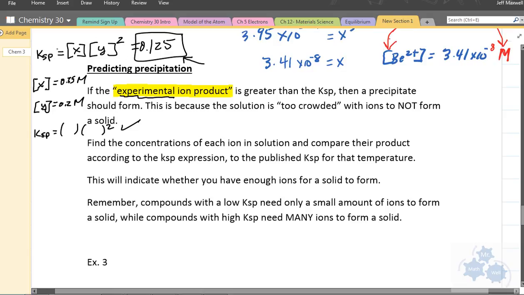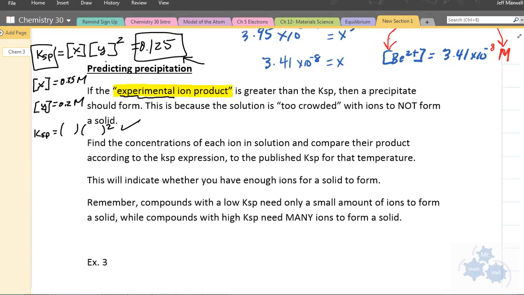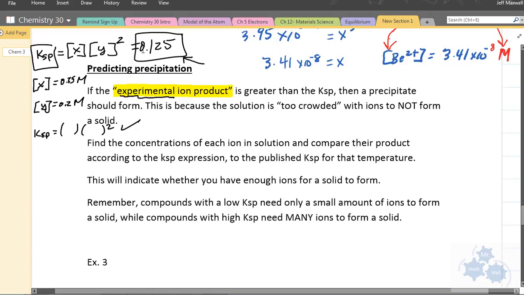Okay, we have to go back over Ksp here. The solubility product constant is literally the multiplication of the concentration of X times the concentration of Y. In this case, it's Y squared. So if this is the Ksp, this means that if we get an experimental ion product that's greater than this, that means we have lots of ions in solution, and they're going to bump into each other and form a solid.